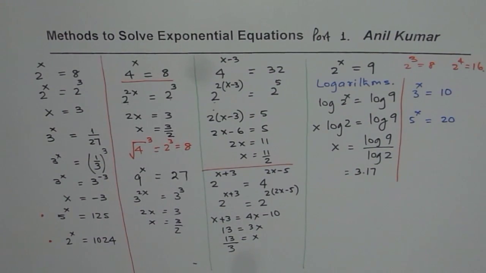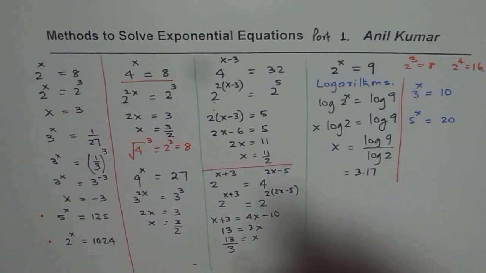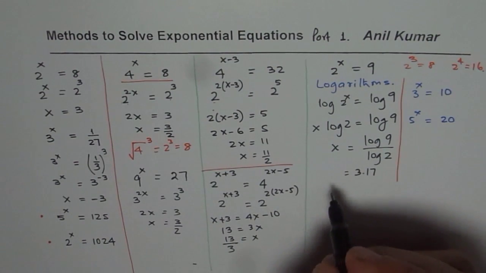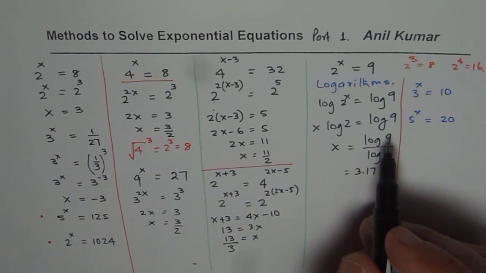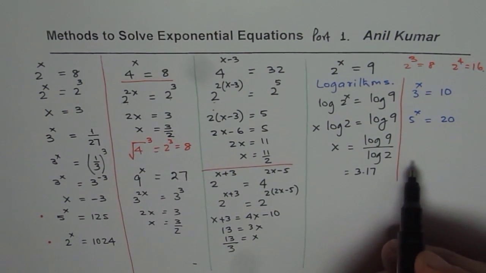So there are times when this strategy of using same exponents may not work, and in those cases we use logarithms, right? There could also be a few other cases when we give you some complicated equations where the bases are not the same, right? So there also you have to use logarithms. So that is how you should be doing it.